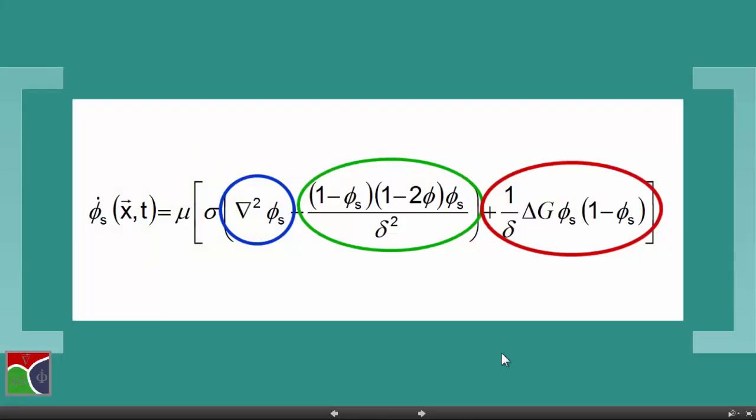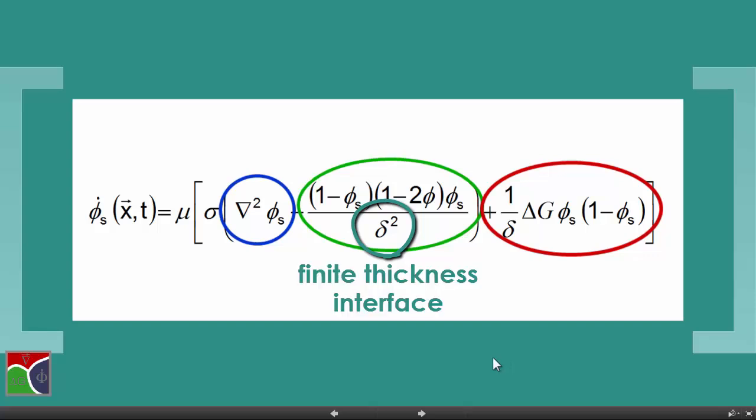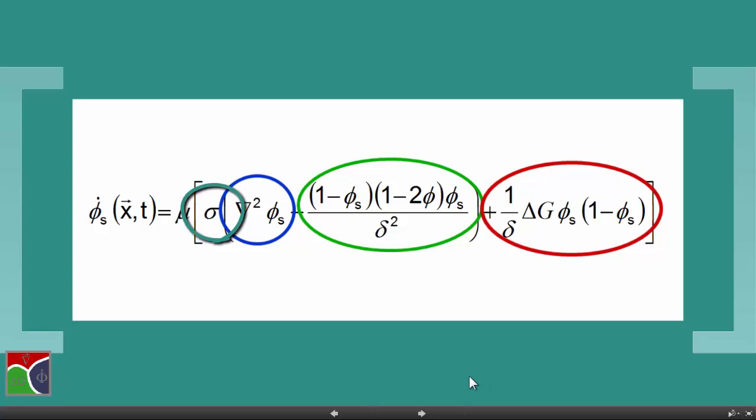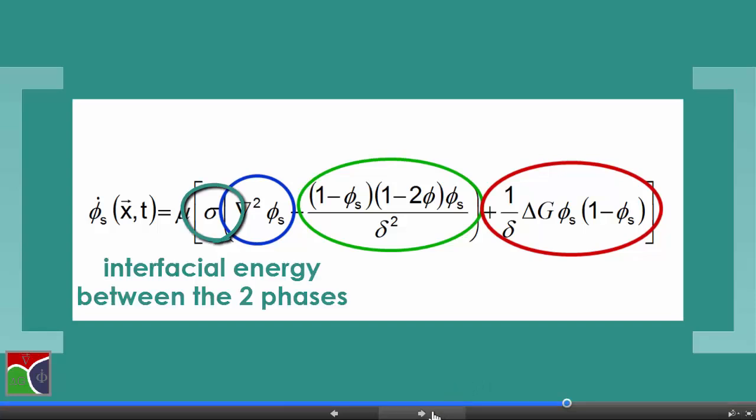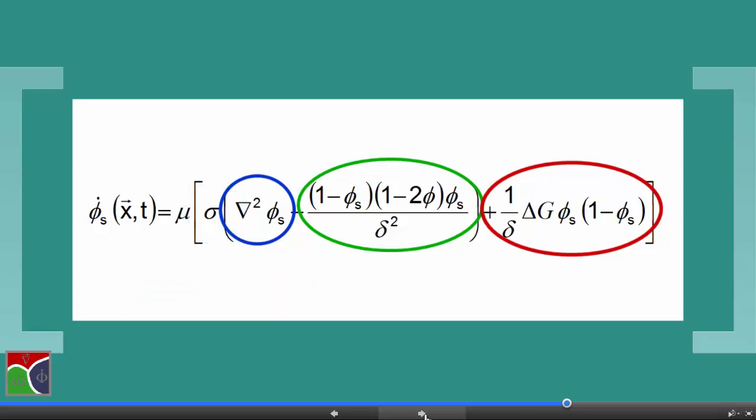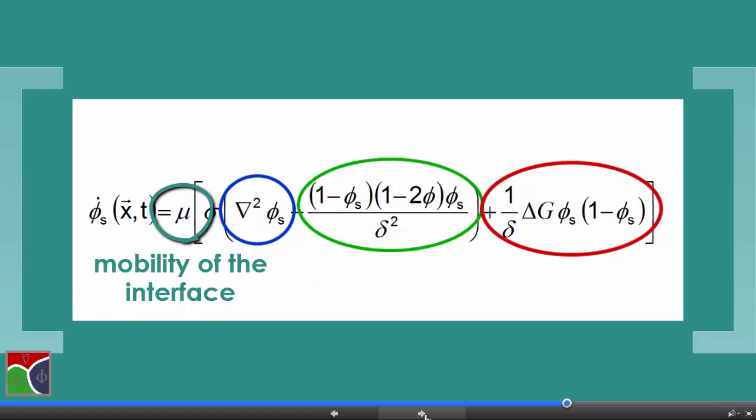So let's have a look at the different parameters entering these equations. This delta here is the width of the finite thickness interface, and the sigma is the interfacial energy between the two phases, and the mu is the mobility of the interface, which means how the interface reacts to a given undercooling.